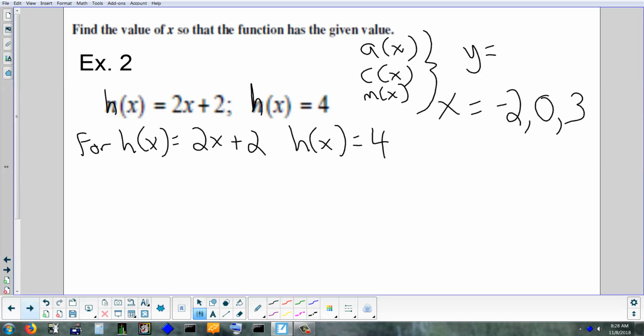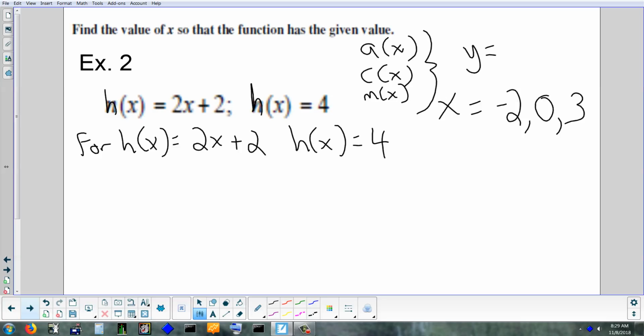So what is it giving us a value for right now? Is it just x? No, it's h of x, right? So where in my problem do I see h of x? At the beginning, right? So wherever that h of x is, what's going to happen? We're not putting in h of negative 2. Again, I was just showing you that's what it gave us before. Now it's only giving us one value.